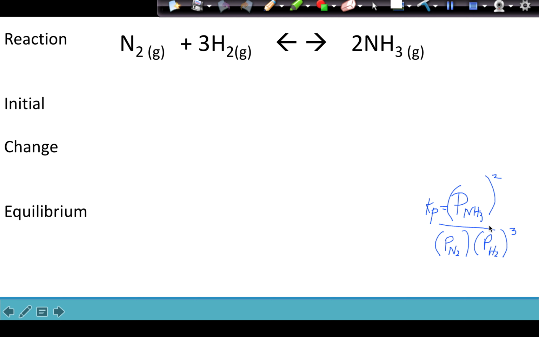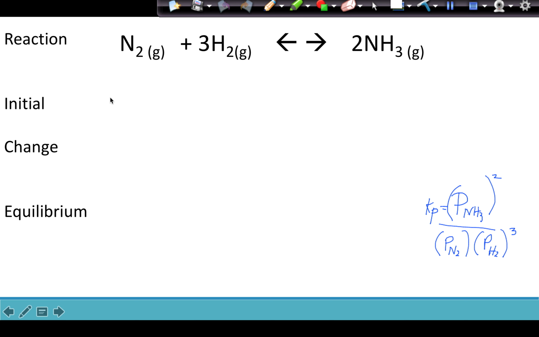So it's the pressure of ammonia squared over the pressure of nitrogen times the pressure of hydrogen cubed. Whatever our equilibrium pressures are for the different substances, that will just get plugged into here to find the value of the Kp.